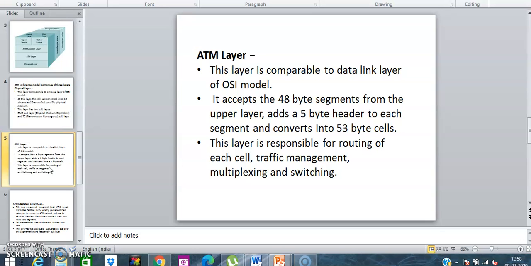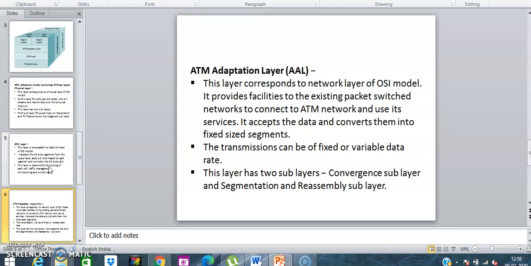Next comes the ATM adaptation layer, which is nothing but AAL. AAL provides the flexibility of a single communication process to carry multiple types of traffic such as data, voice, video and multimedia. This layer corresponds to the network layer.